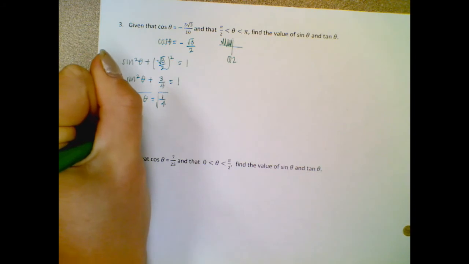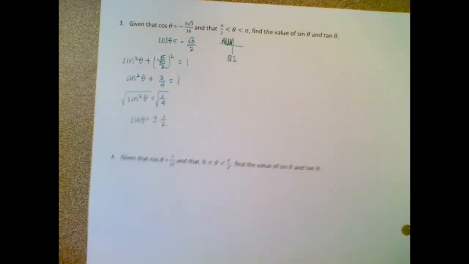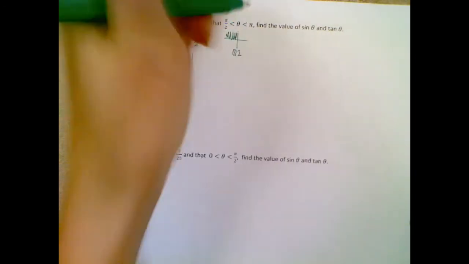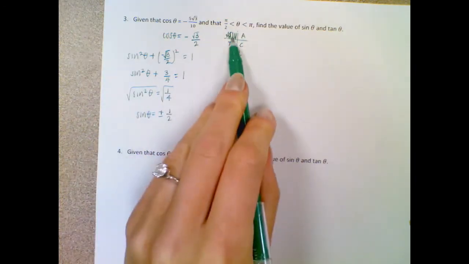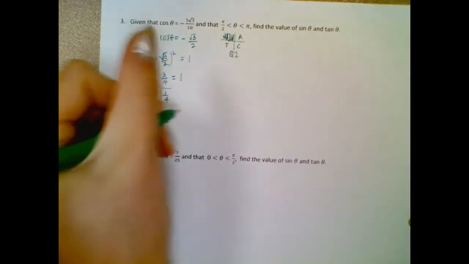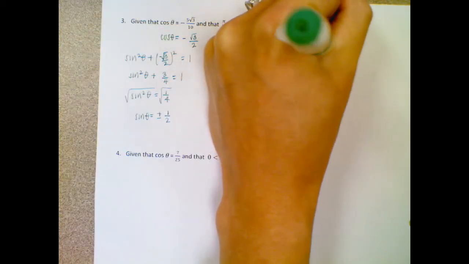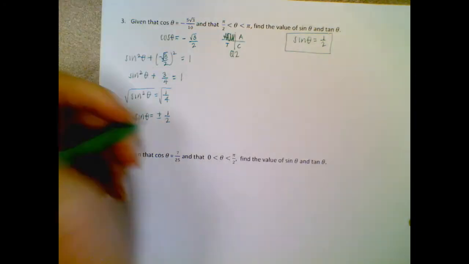I get sine of theta is plus or minus 1/2. Okay? Now, because I'm in quadrant 2, all scholars take calculus. Sine is positive in quadrant 2. So I'm going to say sine of theta is 1/2. I want the positive answer because we're in quadrant 2.